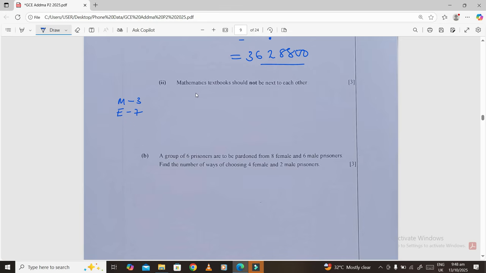The first way is you just say 7 factorial times 3 factorial times 8 choose 3. Okay, so for 7 factorial, we're getting 5040, times 3 factorial, it's 6, and then 8 choose 3, it's giving us 56.